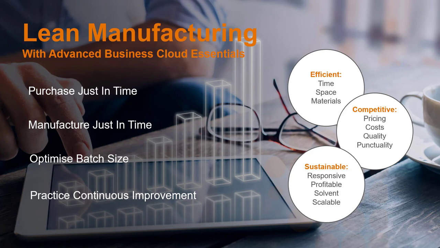And we've also seen how the Business Cloud Essential software enables to apply some of these tenets, such as purchasing just in time, manufacturing just in time, optimizing batch size, and practicing continuous improvement. Lean manufacturing isn't an aim just for the sake of it, just to be able to say that we do it. It's to be able to build that efficiency in terms of time, space, and materials that we've talked about.